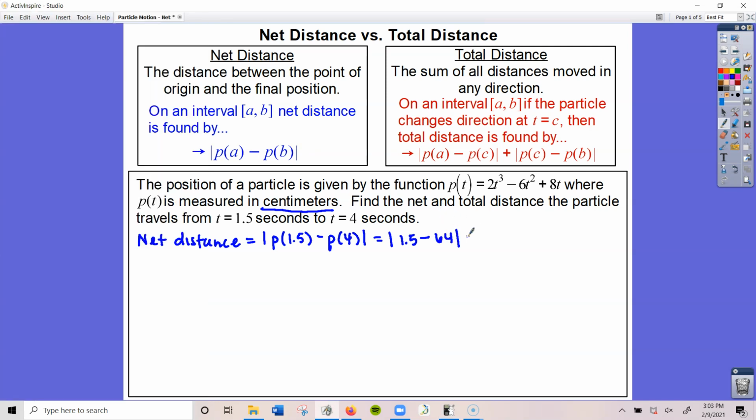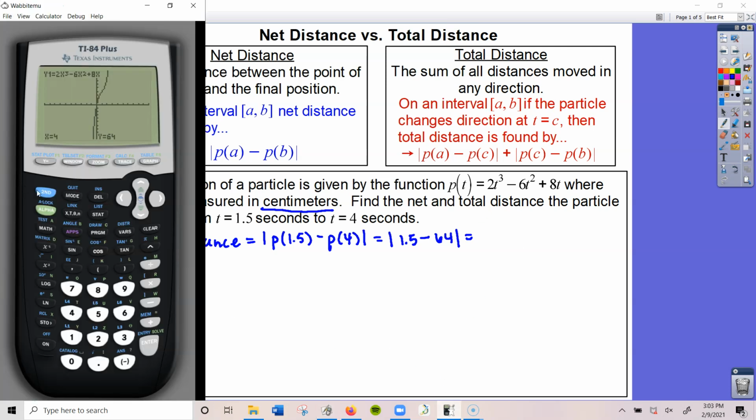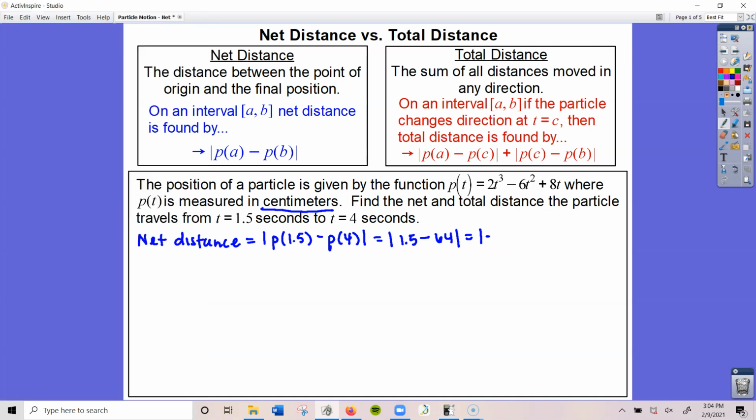Again, this is a calculator question, so we can just exit out of our graph and put 5.25 minus 64, and we get a net distance of the absolute value of negative 58.75, which is equal to 58.75, and our units would be centimeters. So that would be my net distance.